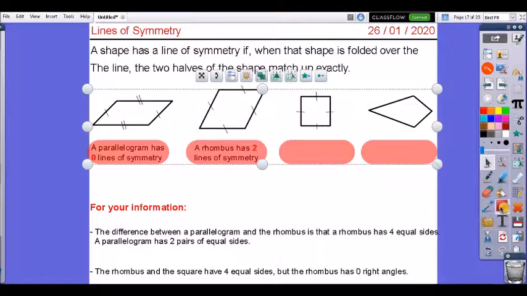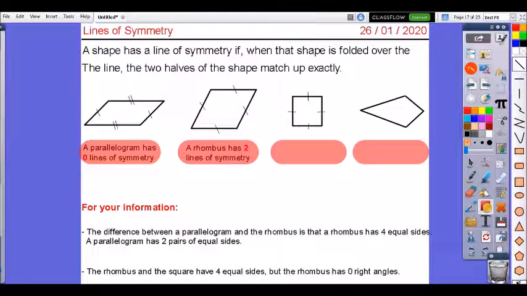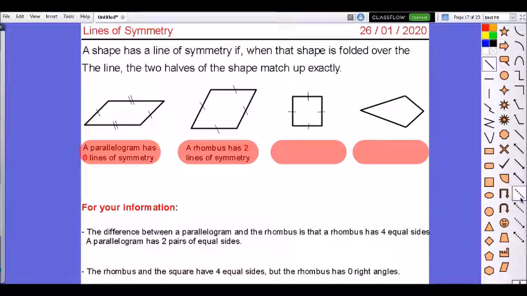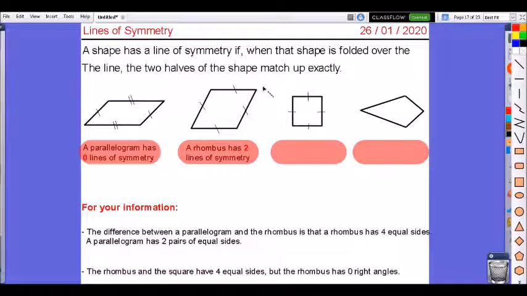Let's draw them together. The 2 lines of symmetry, we go this way exactly because you are asked also to draw the lines of symmetry, to learn how to draw the lines of symmetry of rhombus or any other shapes. Yes, this way. These are 2 lines of symmetry with the rhombus.